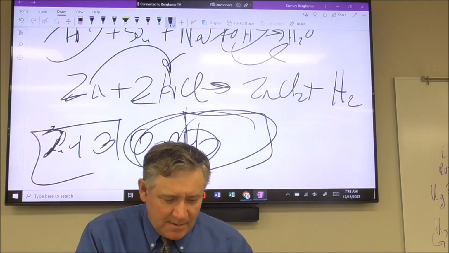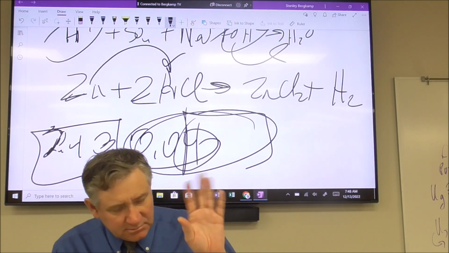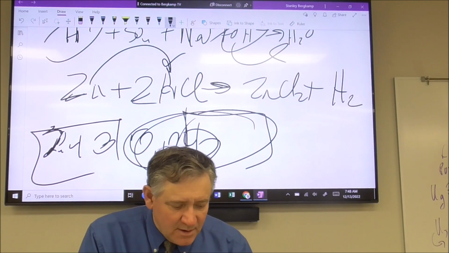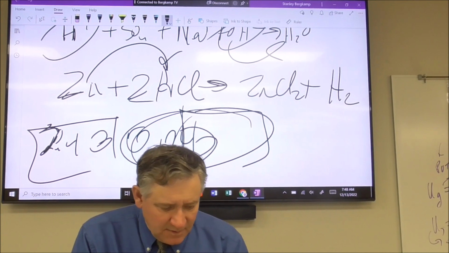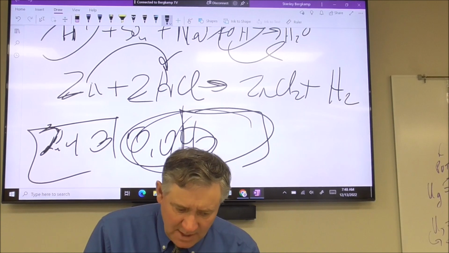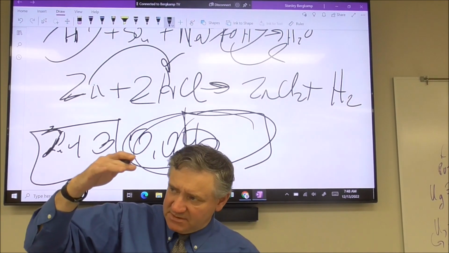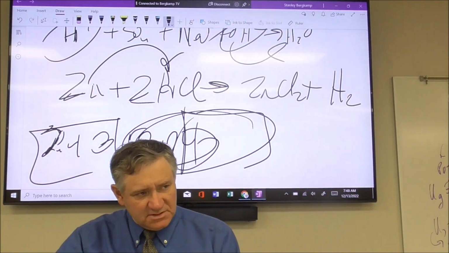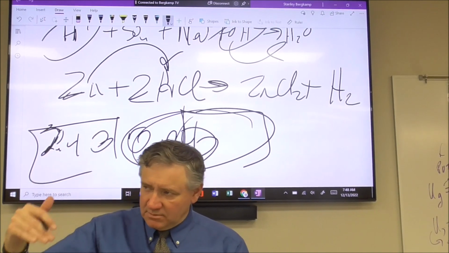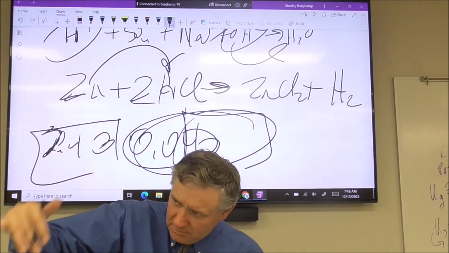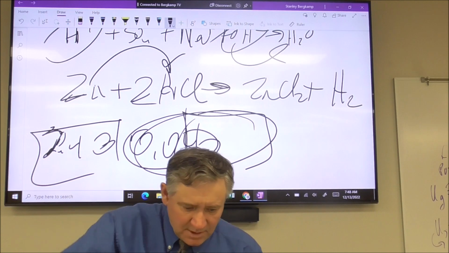So then when you get to that backside, this is an ish. Okay, this is an ish. But your answer to number 6 on that theoretical yield of your zinc chloride, again, you're going to start with grams of zinc, moles of zinc, moles of zinc chloride, grams of zinc chloride.